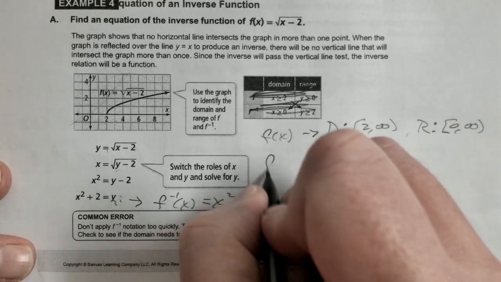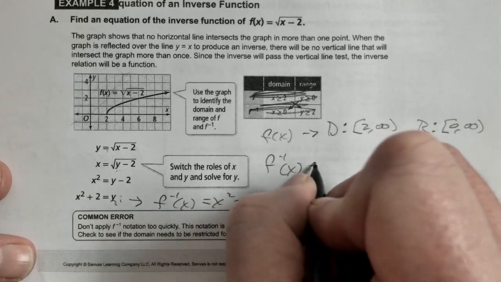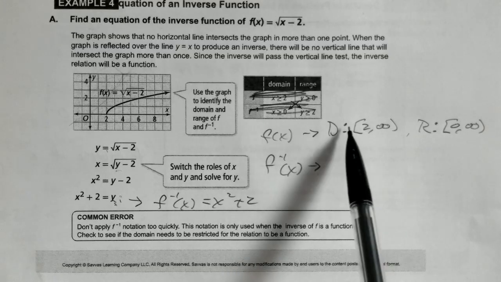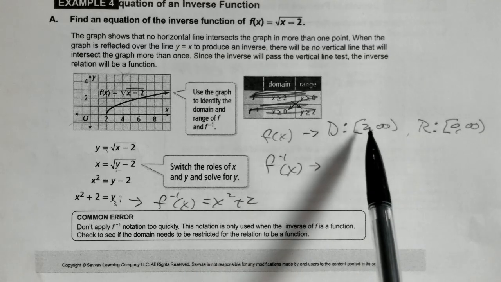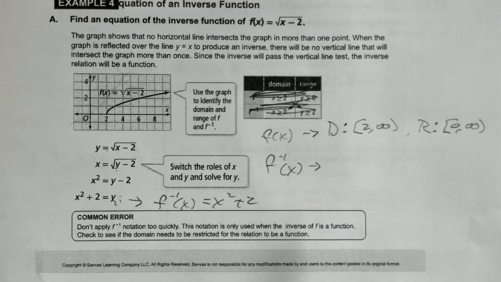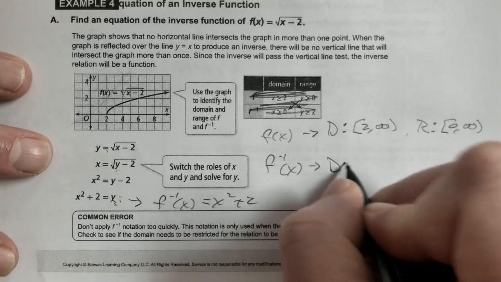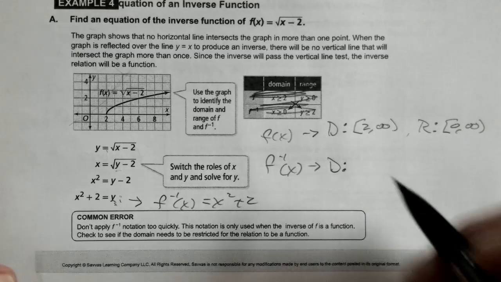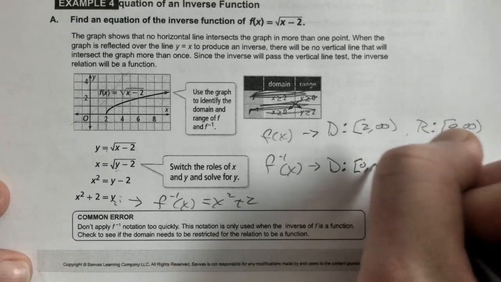Now, for the inverse function, if we're switching x's and y's, we're switching our inputs and outputs, then for the inverse, what do you bet we have to switch our domains and ranges, right? So, what will the domain be for the inverse? 0 to infinity.